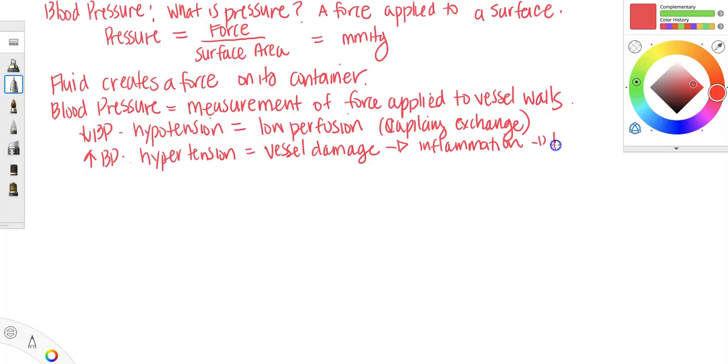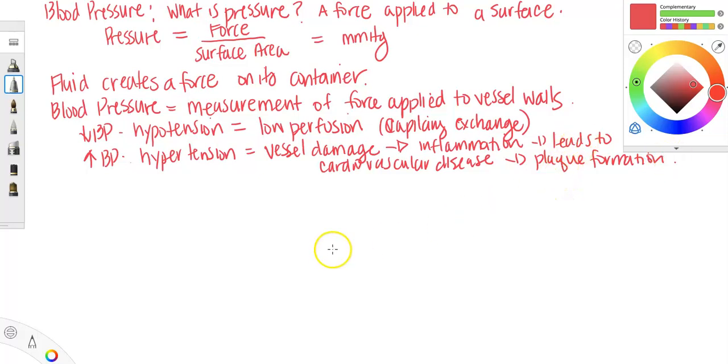And this is what leads to cardiovascular disease, because it will lead to plaque formation. And that could lead to things like heart attack and stroke and stuff like that. So hypertension, or too much pressure, is a bad thing. Too little pressure can be a bad thing as well.